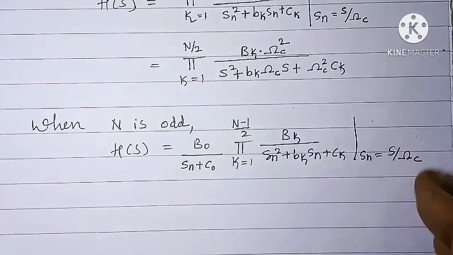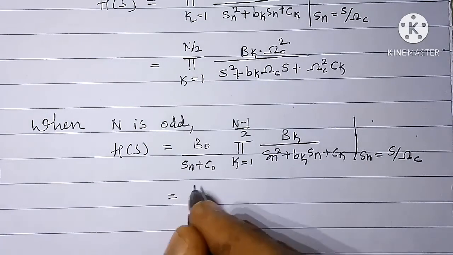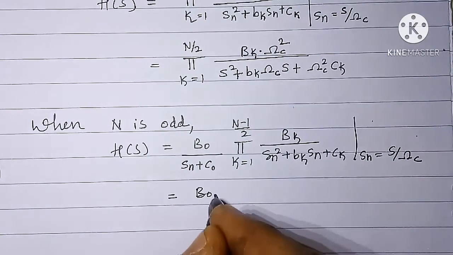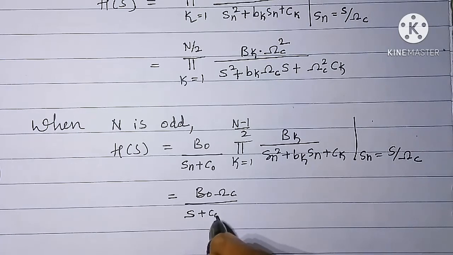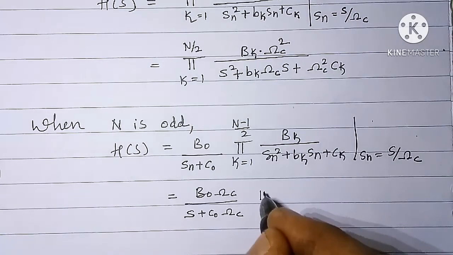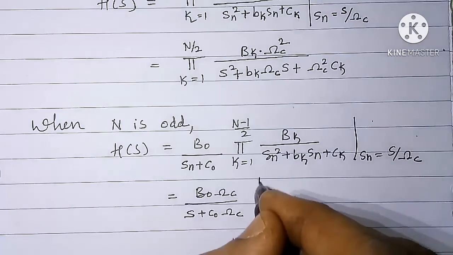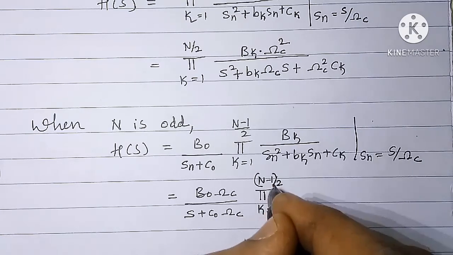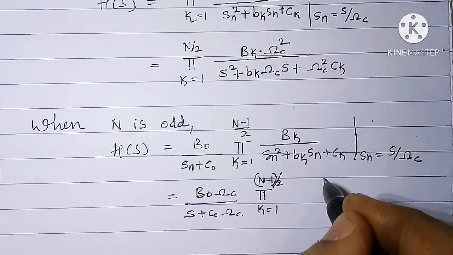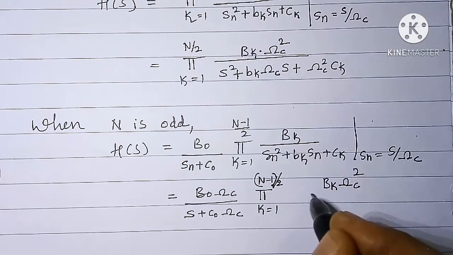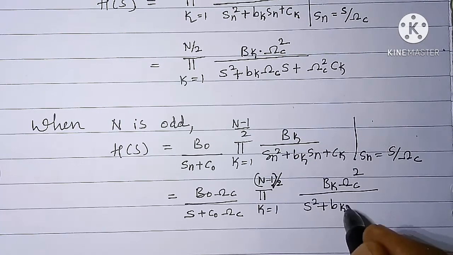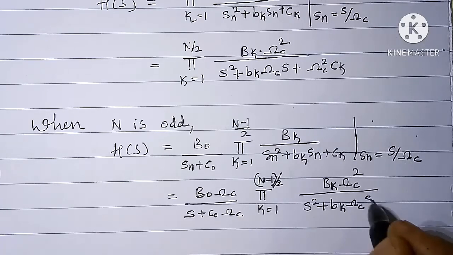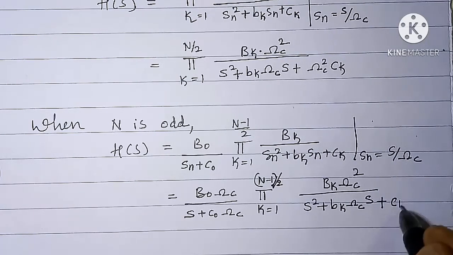If we substitute for Sn equal to s by omega c, then we will have H of s as B naught into omega c by s plus C naught into omega c, product from k equal to 1 to n minus 1 by 2 of Bk into omega c square upon s square plus Bk into omega c into s plus Ck into omega c square.